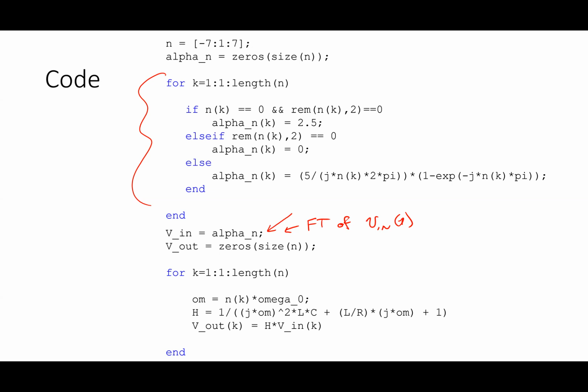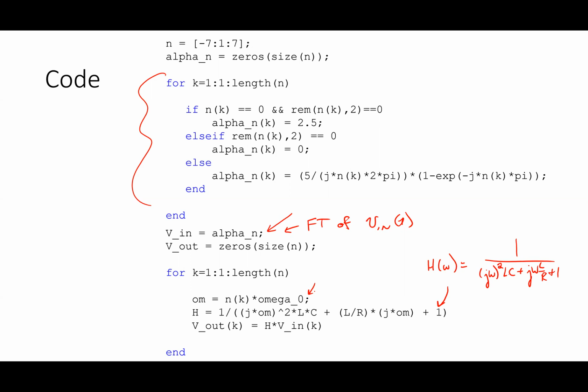Then what I do here is I got this for loop where I placed in here what my transfer function is. So I had that H of omega was 1 over j omega squared LC plus j omega L over R plus 1. So I went through this for loop and I defined for myself what omega was.